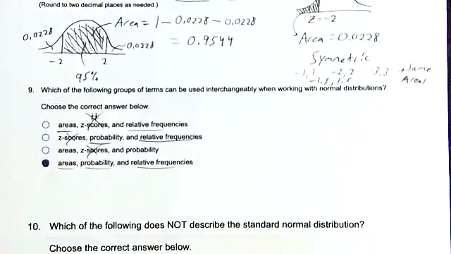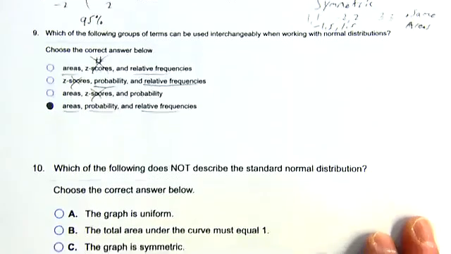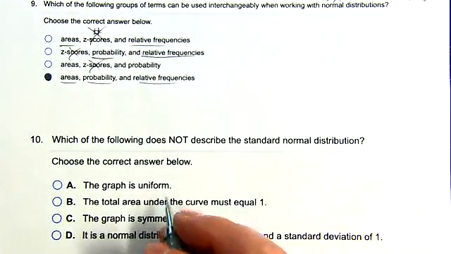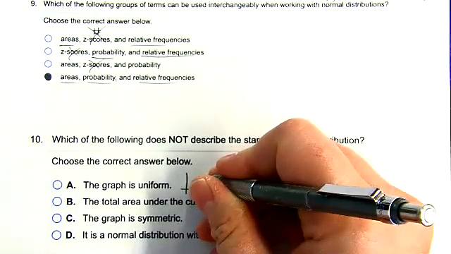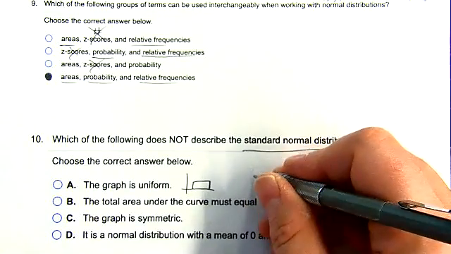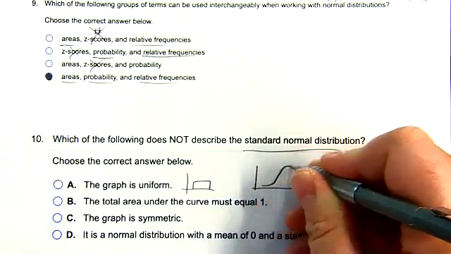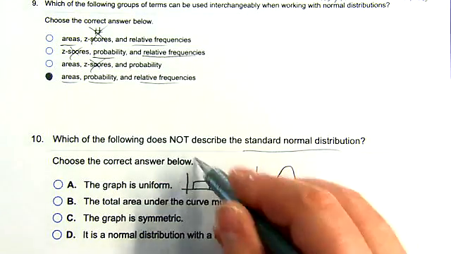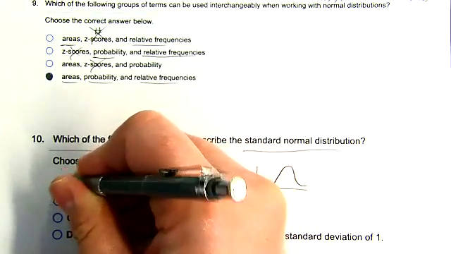Which of the following does not describe the standard normal distribution? The graph is uniform. The uniform curve looks like this, but the standard normal curve looks like this. So these are definitely not the same thing. This is the one we throw out right away.